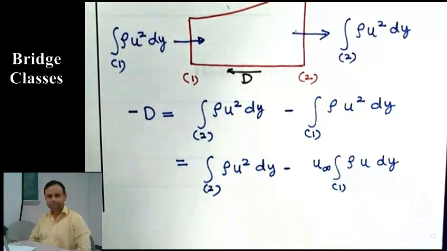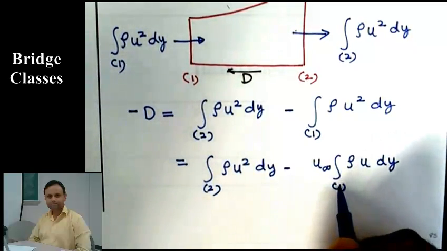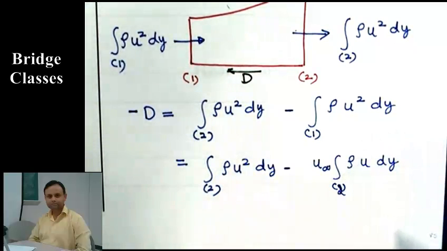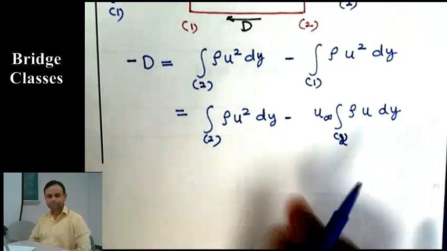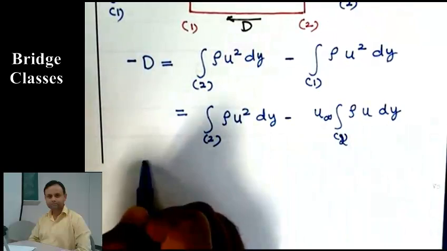At section 1, u is just u infinity. And integral rho u dy at section 1 is the same as integral rho u dy at section 2. That is conservation of mass. So I just rearrange these terms, and you will get this expression.